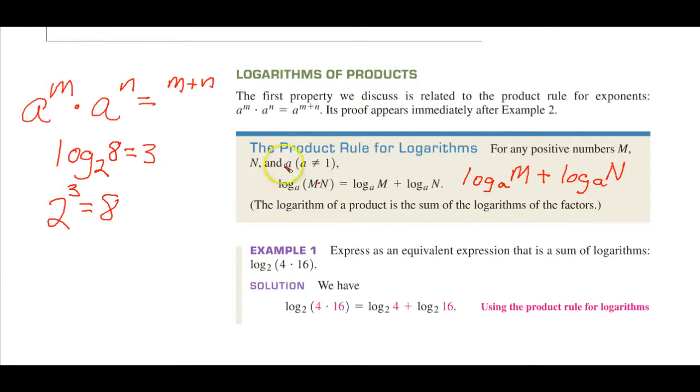I won't raise it, so we'll keep all of this there. Now, express an equivalent. Here they're just asking you to write it in an equivalent way. That is a sum of logarithms. So we have log base 2 of 4 times 16.